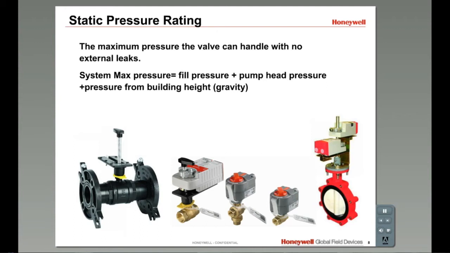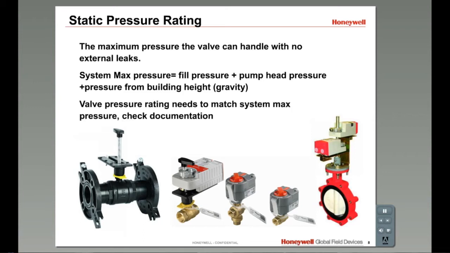Commercial control valves for water often have static pressure ratings in the 150 to 360 psi range. The job documentation should state what static pressure ratings are required for each valve. Although proper selection is important for safe and reliable operation of the system, it does not impact the controllability of the system.